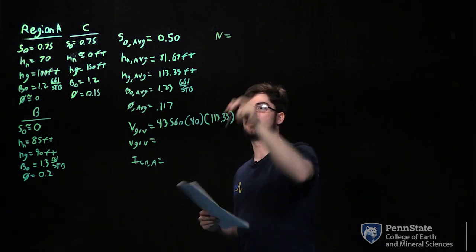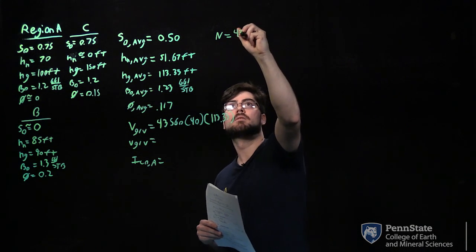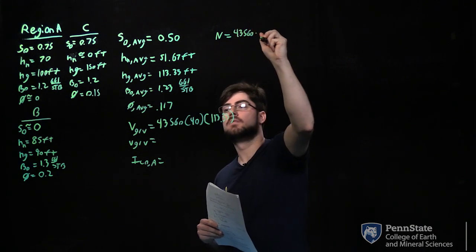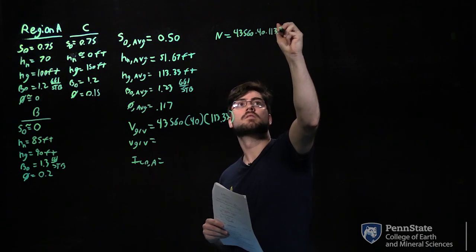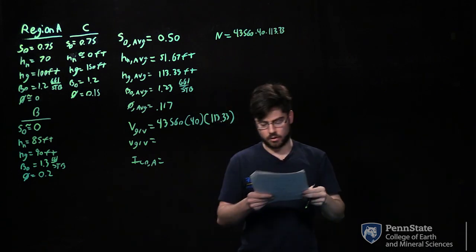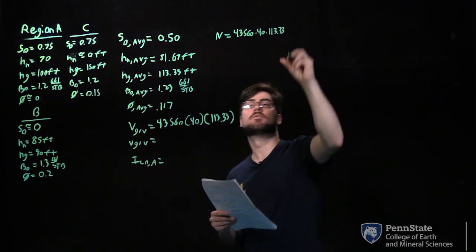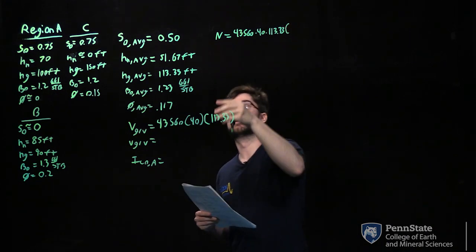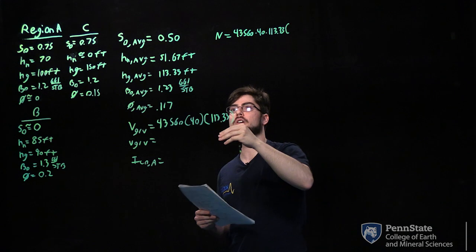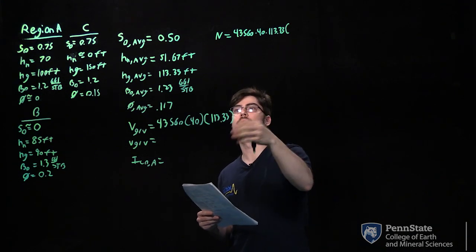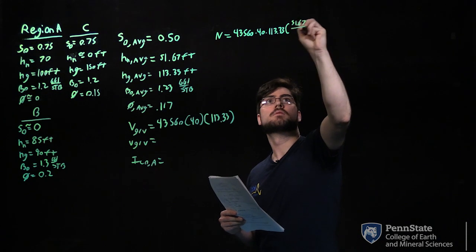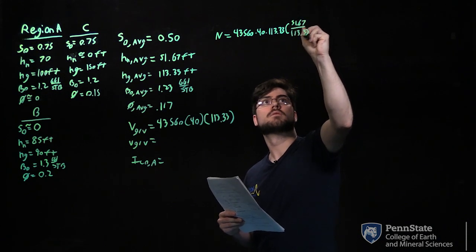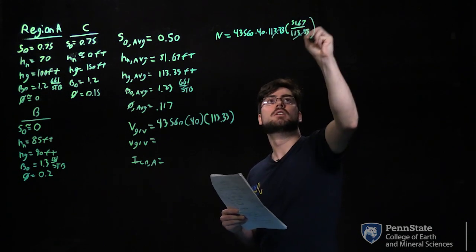So we have the VGRV, and then we're going to multiply this by our net pay zone average divided by gross pay zone average. So the 113.33s will cancel. I'll just cancel them right now.